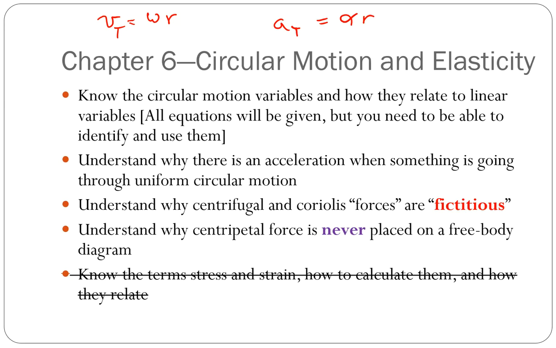So in one of the worksheet problems, you have to calculate the total acceleration. And if you have something going around in a circle, you know it has to have a certain acceleration toward the center. What do we call that? Centripetal. Centripetal means toward the center. So it has to have an acceleration toward the center that is v squared over r, or omega squared r.